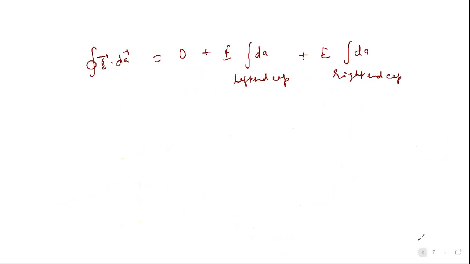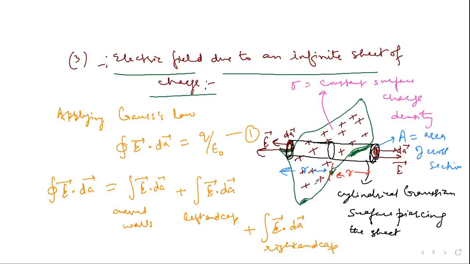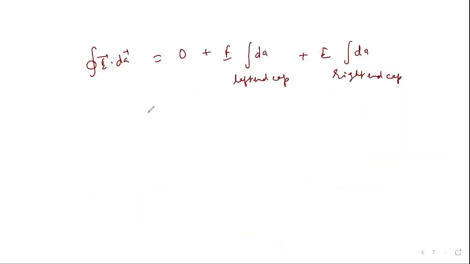Now integral dA over the left end cap or right end cap will just become the area of cross section of the Gaussian surface, A. It will become EA plus EA, which is 2EA.